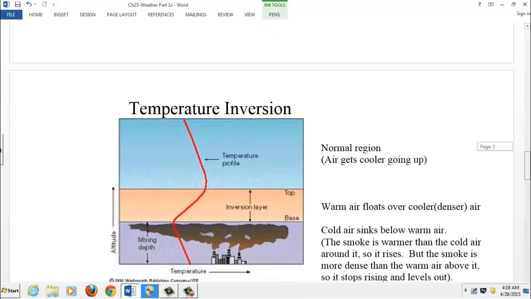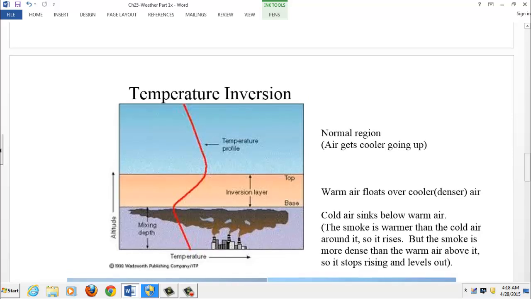So here's a little graph, a little picture to illustrate this concept. Here down in the bottom, we've got the temperature scale moving upward to the right, and in the normal situation, as you go up into the atmosphere, the temperature cools down. And that's what's happening here. The temperature is going down to the left as you go higher. And then if you have some warm air in here, like the smoke contains warm air that rises, it's going to go up.